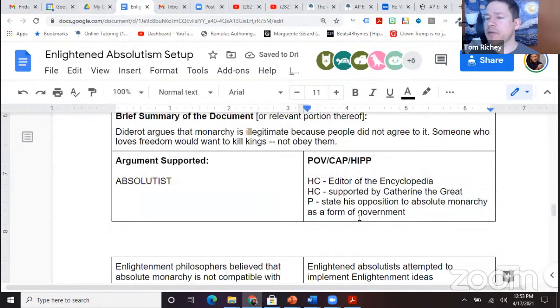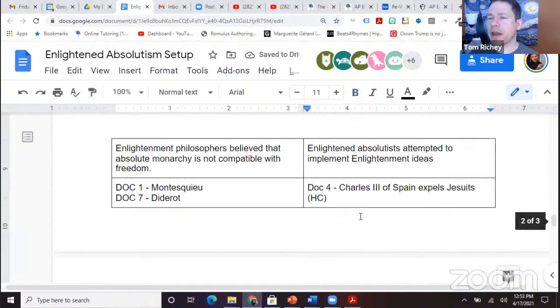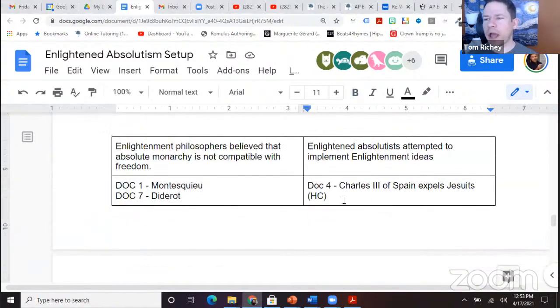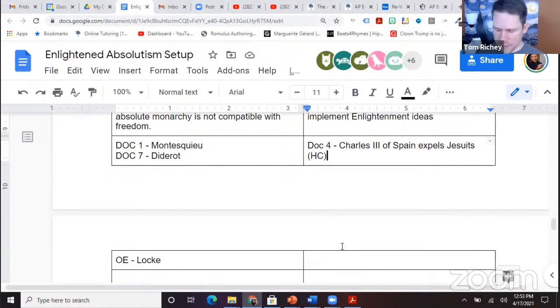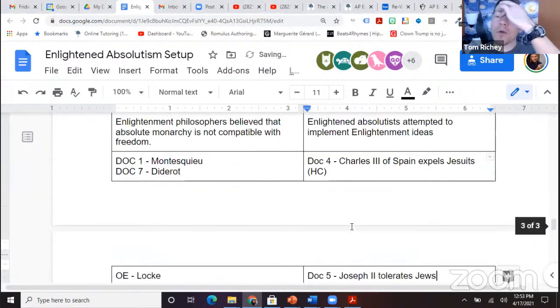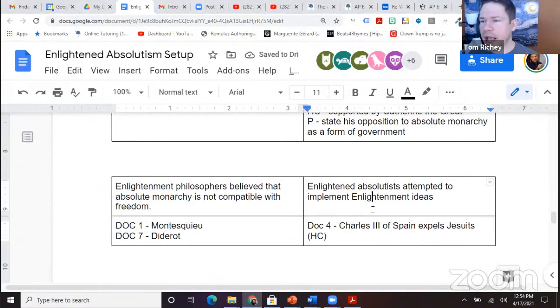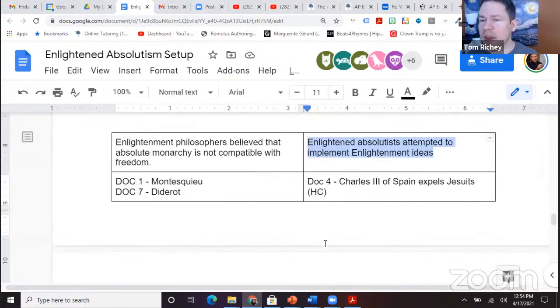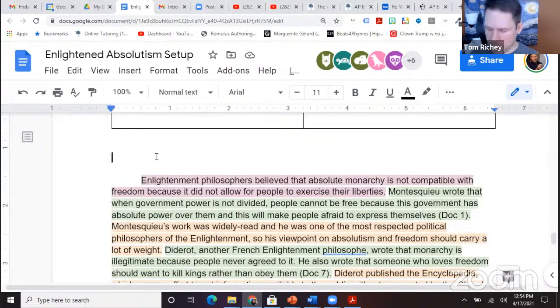Now, with this, I've got another little short story I can tell. So when we go to document 5, we see that Joseph II tolerates Jews. Then what we're noting here is enlightened absolutists attempted to do this. Now, this would probably be my first paragraph.